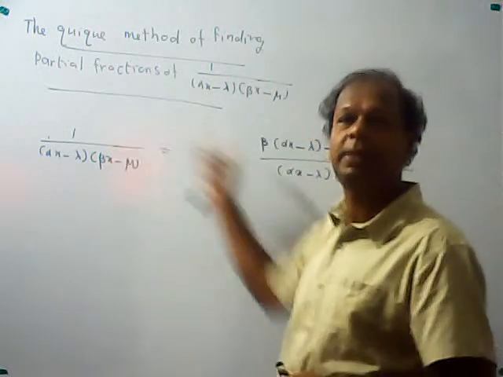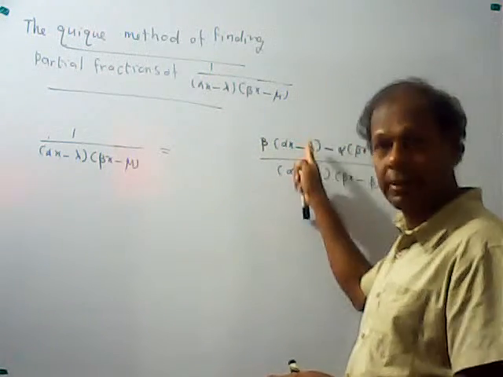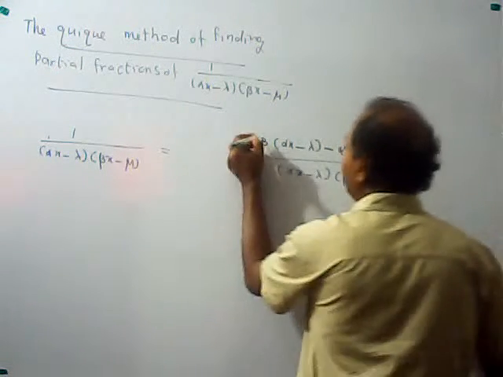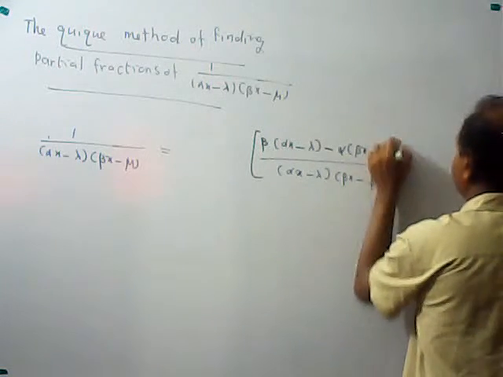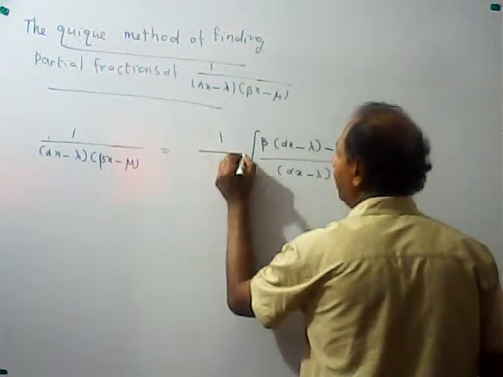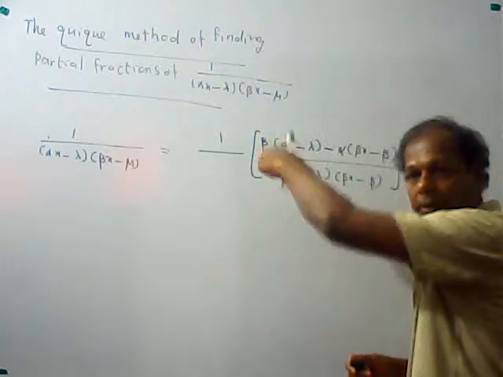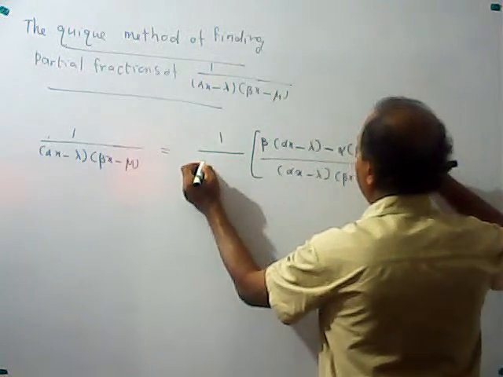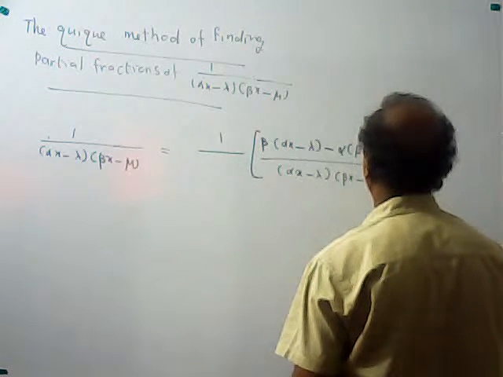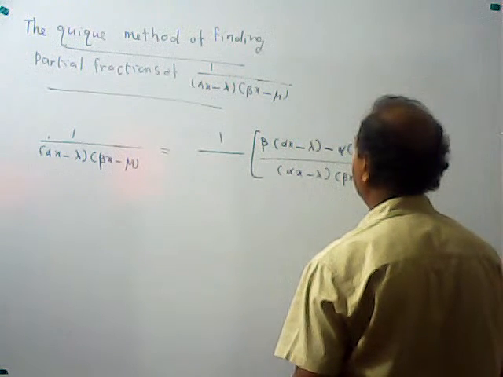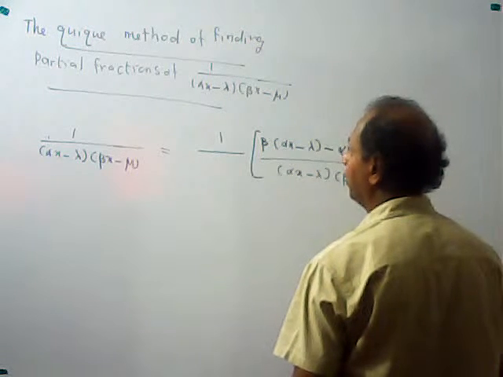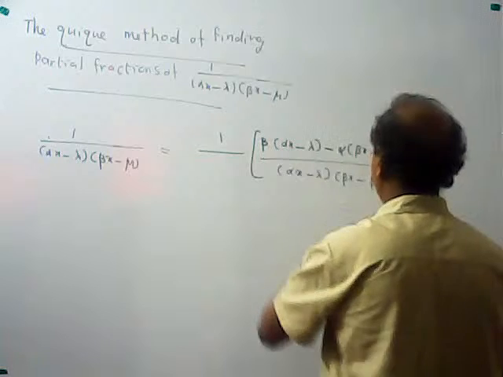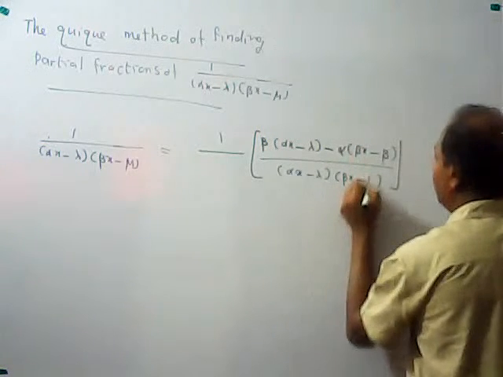Now to make them equal, we need 1 in the numerator. To make them equal, we just divide by that. 1 over whatever constant you get in the numerator, you divide by that. So that will be mu.